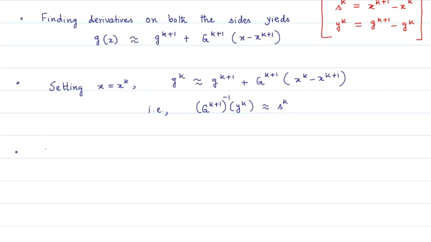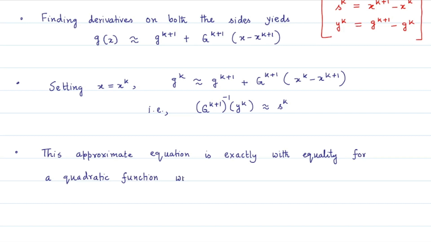So I write here that this approximate equation holds with equality for a quadratic function with positive definite Hessian, say capital G, that is for the function f(x) equal to half x transpose Gx plus some vector b transpose x plus some constant c.